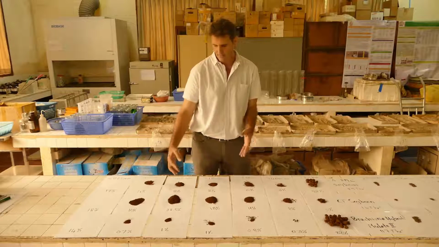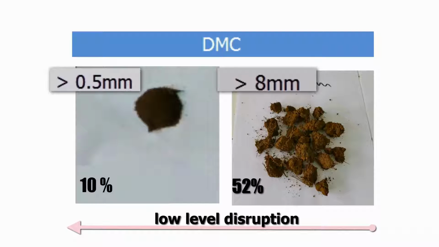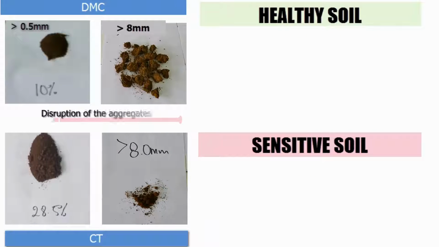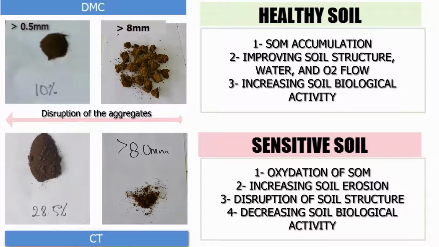And at the same time, as we have much more macro aggregates, and the soil is not disrupted by the plow every year, we will protect much more the fresh organic compounds that will go into the system, and the labile organic compounds. So it's one of the main advantages that we have under DMC. Obviously, we improve the soil physical properties, the water infiltration, the water retention, but also the protection of the soil organic matter, and so the accumulation of the soil organic carbon.